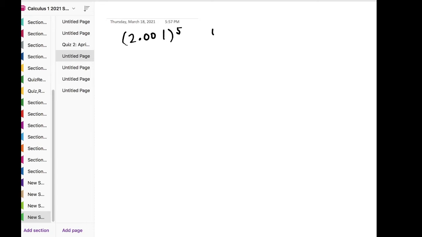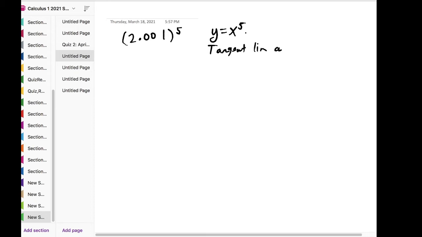So y equals x to the 5th is probably the function you want to look at. Where do you want to take the tangent line? Probably x equals 2, because that's an easy one to take the 5th power of. But we'll see that the linearization might be harder because of the 5 there.